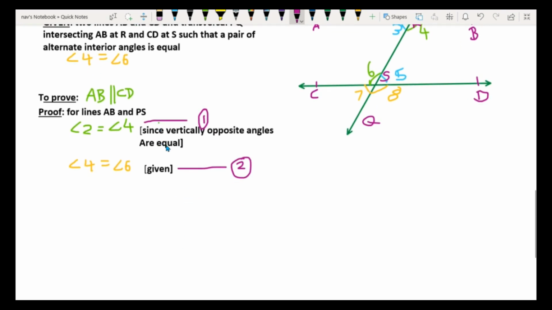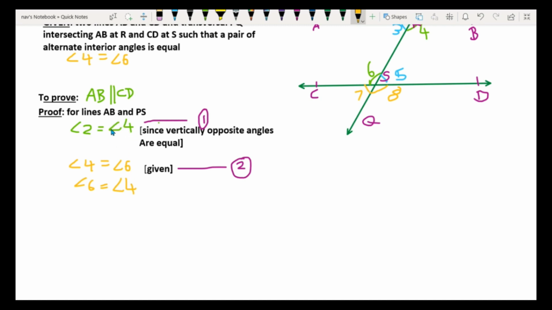From 1 and 2, you can observe one thing. Angle 4 is here and angle 4 is here. So from 1 and 2, angle 4 is common. So automatically angle 2 will be equal to angle 6. Let us write that systematically. We can write this equation as angle 6 equal to angle 4.